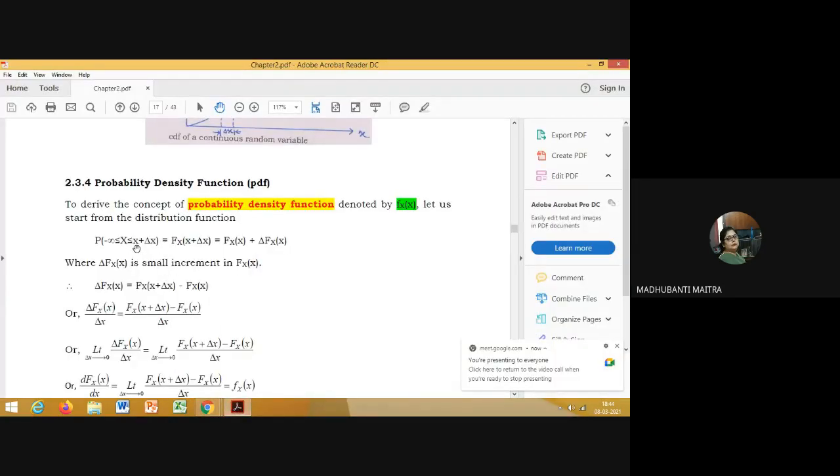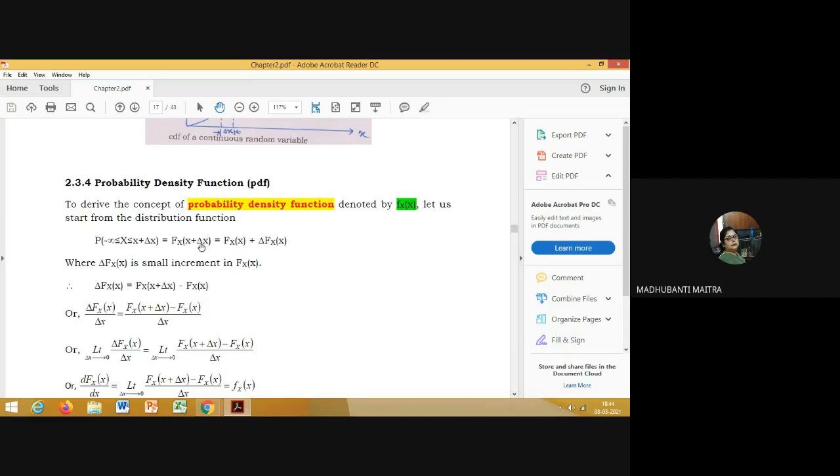and less than or equal to x plus delta x, where delta x is a very small increment in x, right? So this, as per the convention, can be written as the distribution function F_X, with argument x plus delta x.